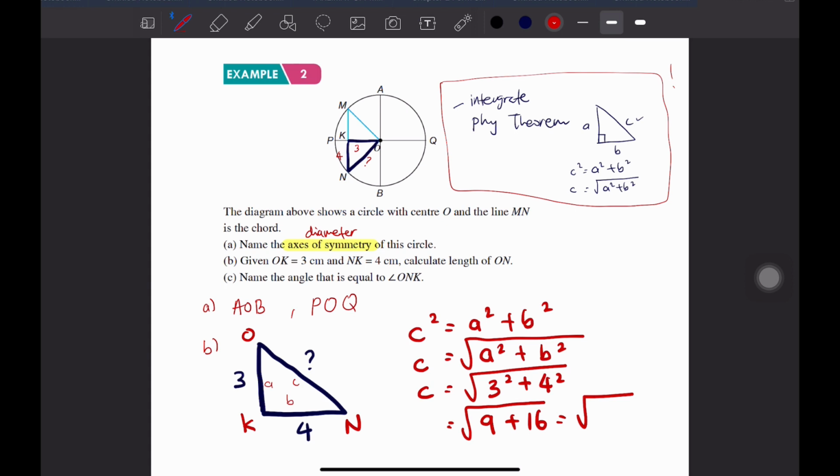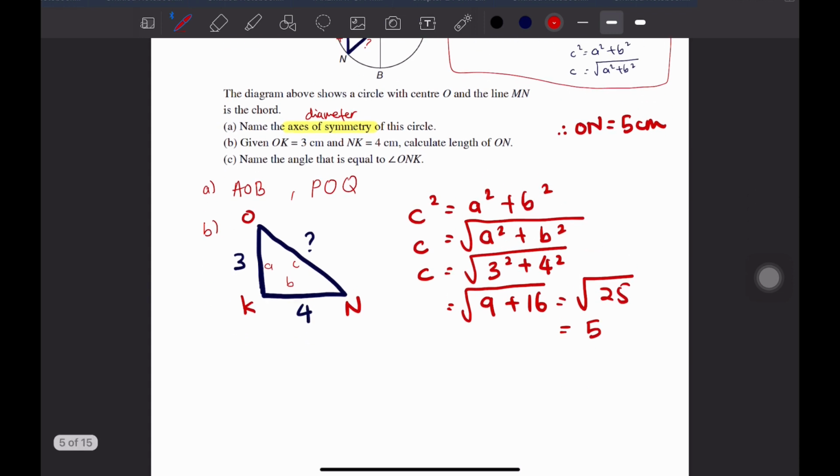So 16 plus 9 is 25. The square root of 25 is 5. So ON is equal to 5 centimeter.